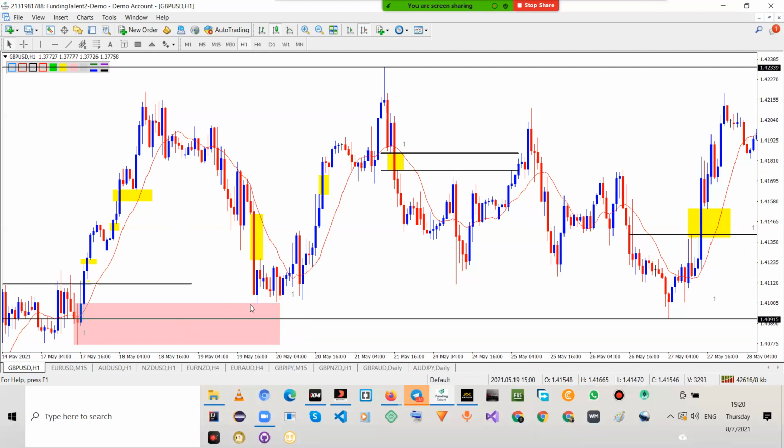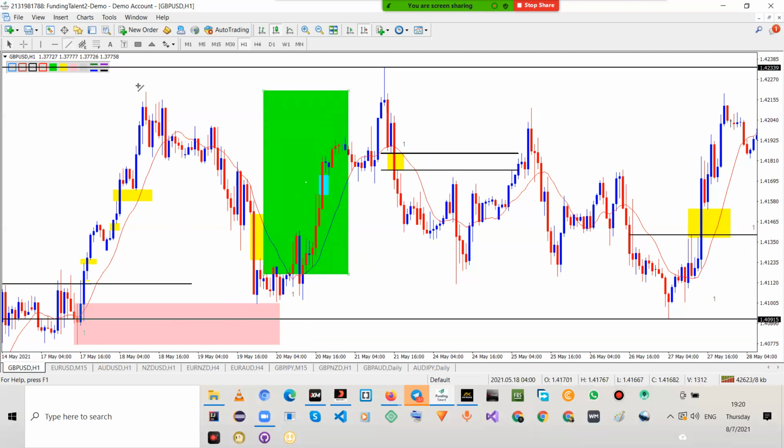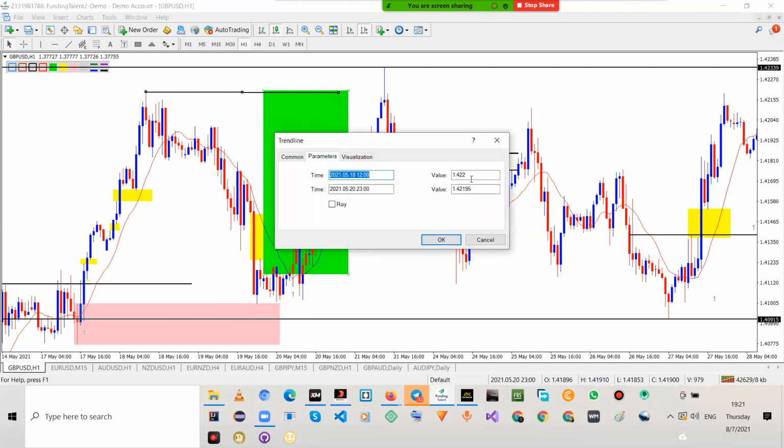So clearly you can see that this is a bullish order block right here. The trade entry would be beautifully from this point up to this area. This is where our take profit will be.